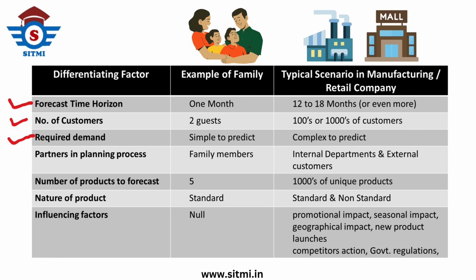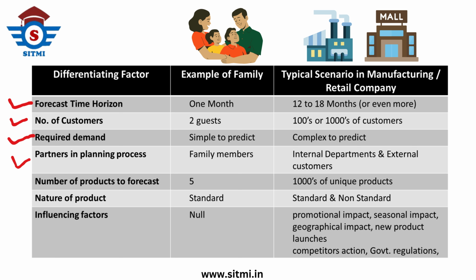Now, the third point is the average intake capacity, or simply the demand of the customer. We know in our example that there are only two, and that's why we can easily forecast their average consumption capacity. But since in the retail and manufacturing industries there are hundreds or thousands of customers, understanding the exact demand of each customer in the market is quite difficult.